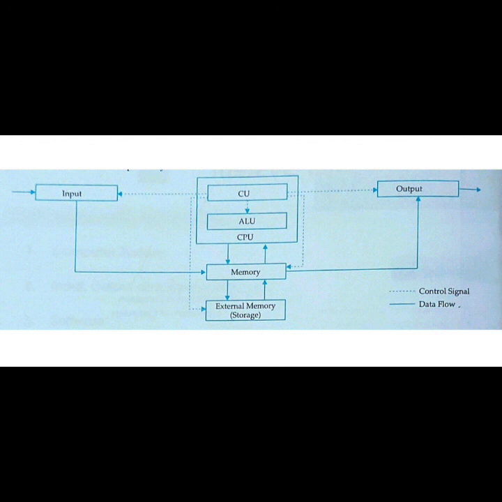During the third stage, results are received on the output unit. The data flow in the computer system is controlled by the CU, control unit, with the help of control signals sent by it to the various components of the computer system. A computer also has a storage device to store data and instructions.